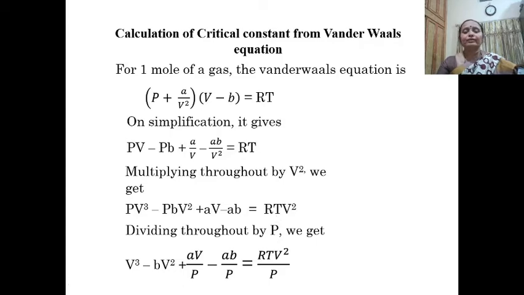Next, I am going to divide this equation by P. When I divide this equation by P, I will get the expression V³ − bV² + aV/P − ab/P = RTV²/P.